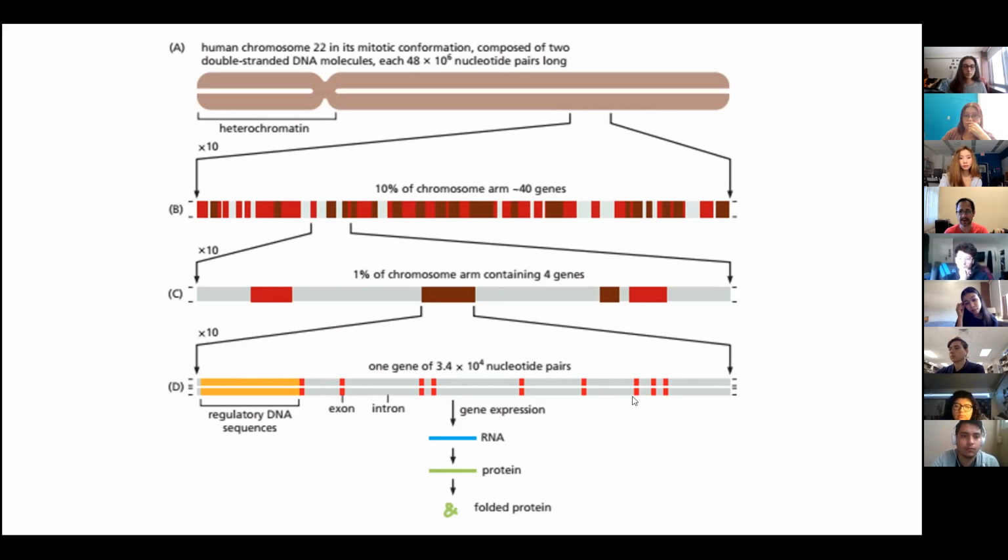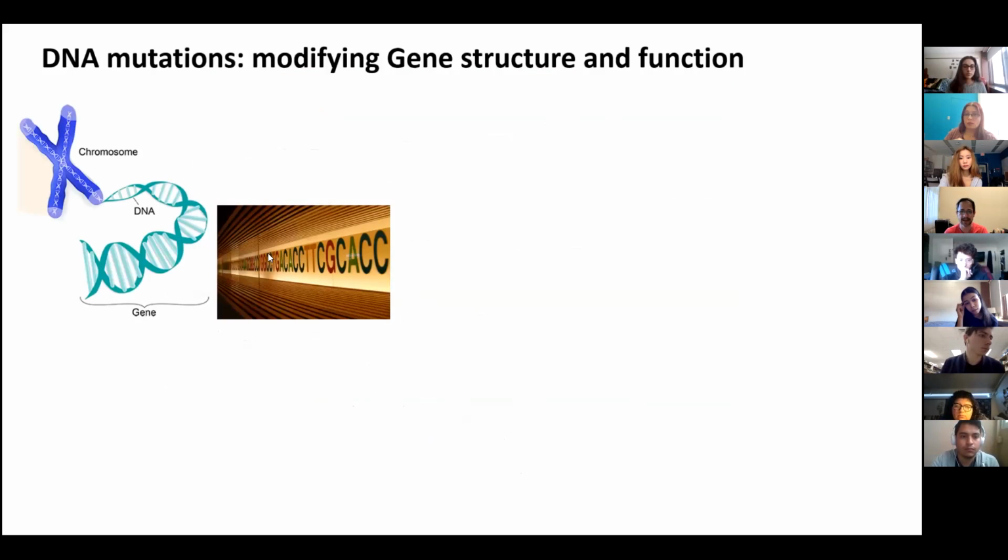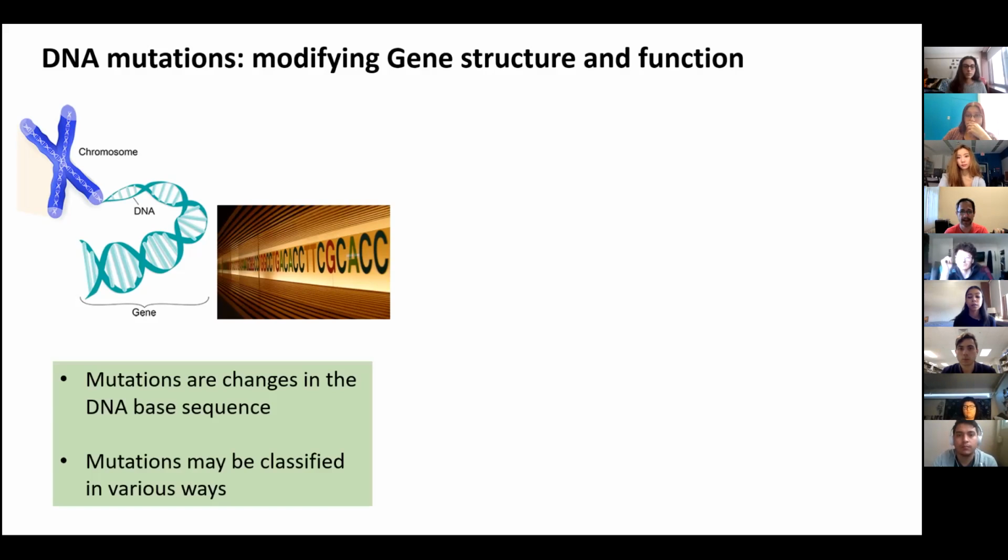So the DNA at the end is just a series of nucleotide pairs organized in such a manner that it contains a code. As you can imagine, any changes in that code will change the function of that particular gene. And basically what we're going to talk about today is mutations.